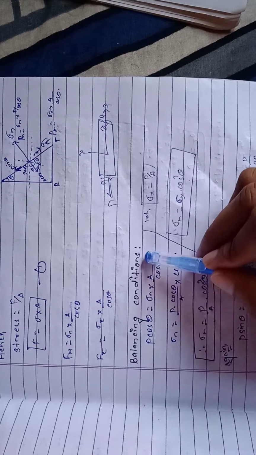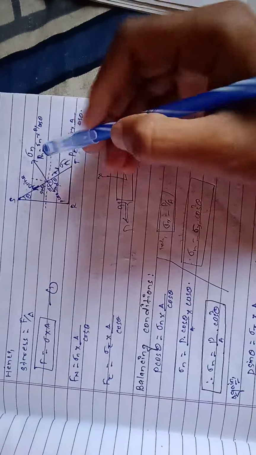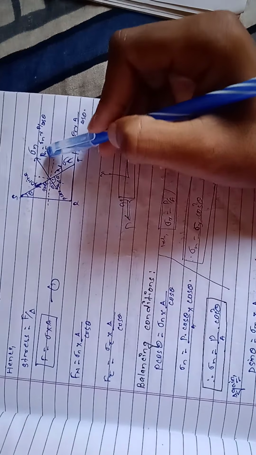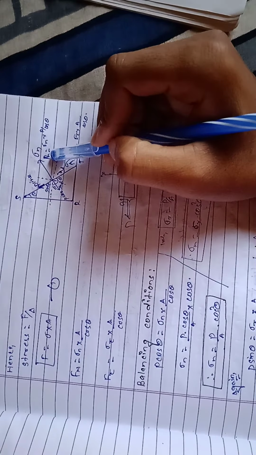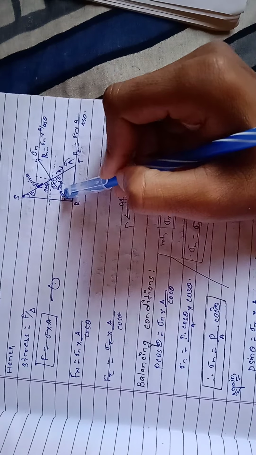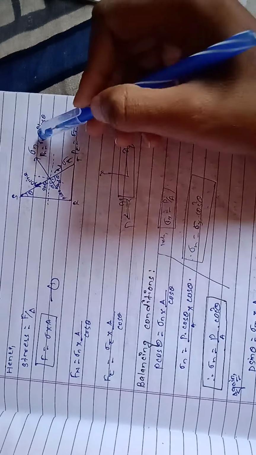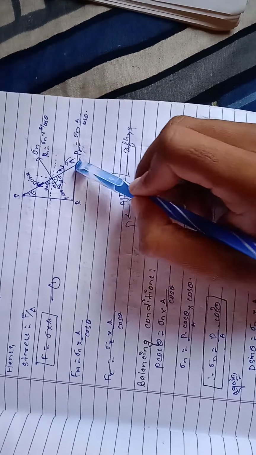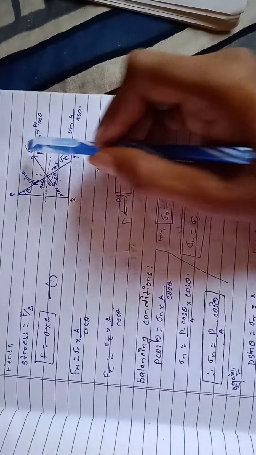Now the balancing condition. Have you seen this figure? This force is balanced by this force. The normal force is balanced by P cos theta, and the shear force is balanced by P sin theta.